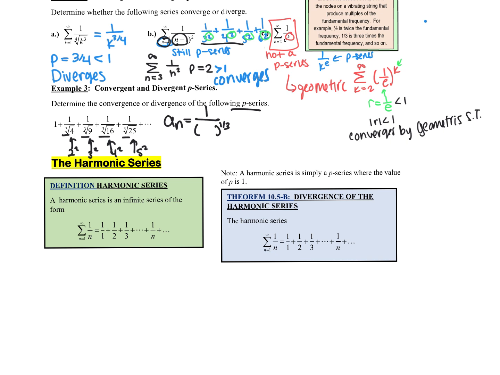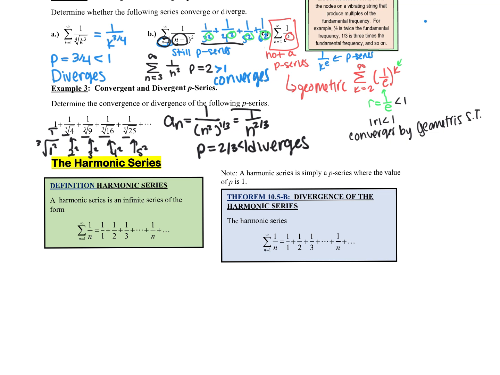So that's your n, right? It's going up by 1, so this one we could say is 1 squared cube root, because that will just be 1 in the bottom. So then we've got an n squared that's being raised to the 1/3. So this is 1 over n to the 2/3. So this is a p-series with p equal to 2/3. And so this diverges because p is less than 1.